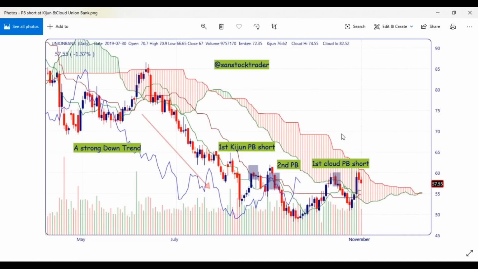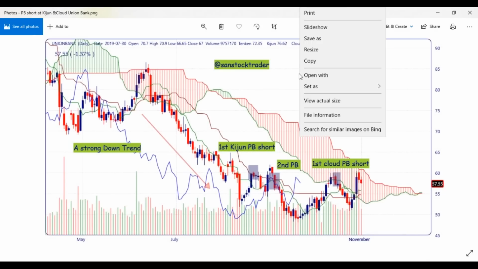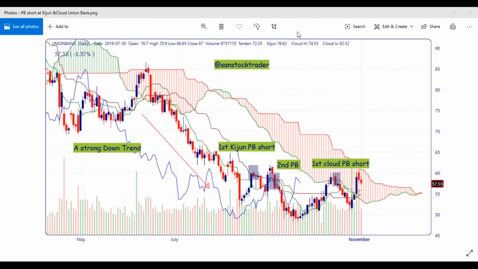Okay, so here is the short setup based on the same strategy: cloud pullback. Price broke below the cloud, the start of a strong downtrend. Here two strategies can be used. You can see here price touched the Tenkan-sen and got rejected.